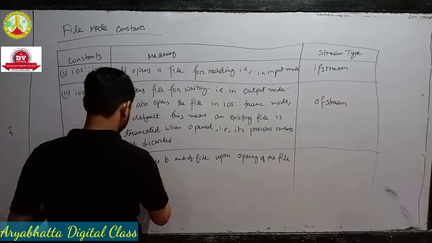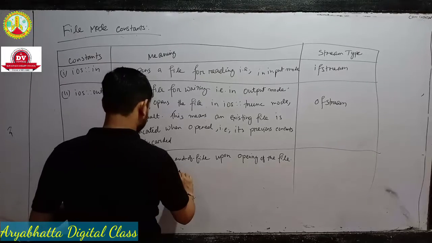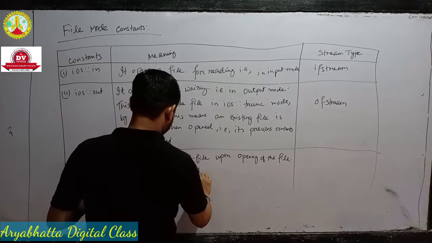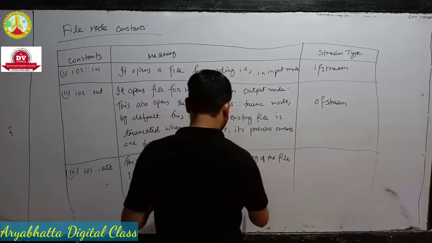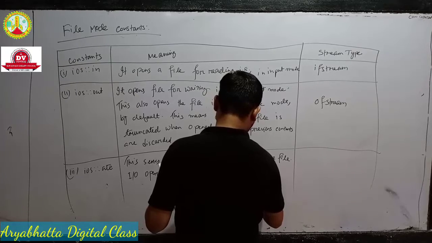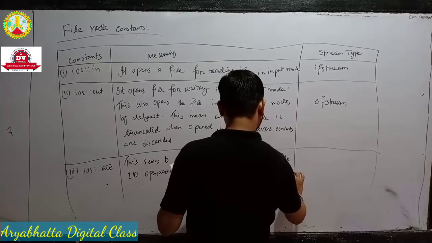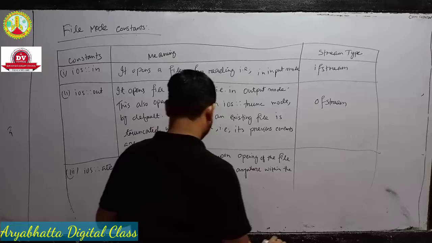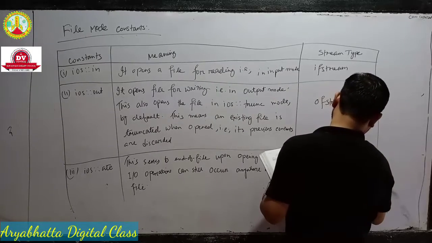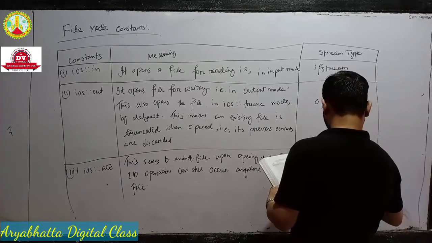IO operations, meaning input output operations, can still occur anywhere within the file. And it is for both streams, ifstream and ofstream, right?